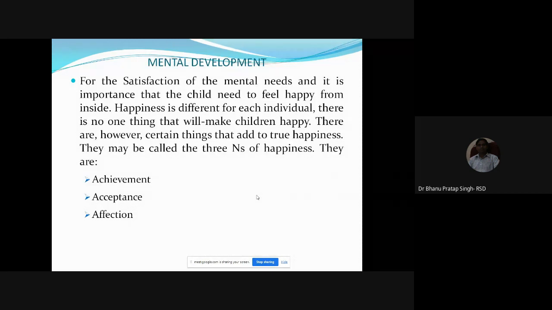Mental development. For the satisfaction of mental needs, it is important that the child feels happy, and that too from inside. It should not be false happiness. Happiness is different for each individual. There is no one thing that will make children happy. There are, however, certain things that add to true happiness, and there are three: achievement.